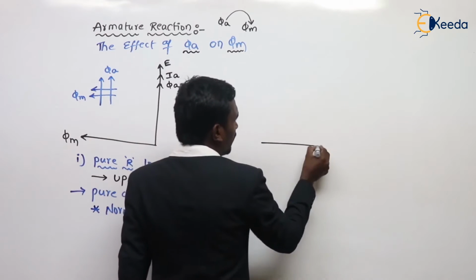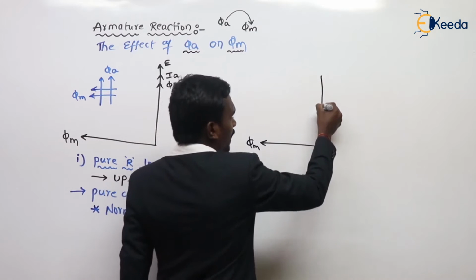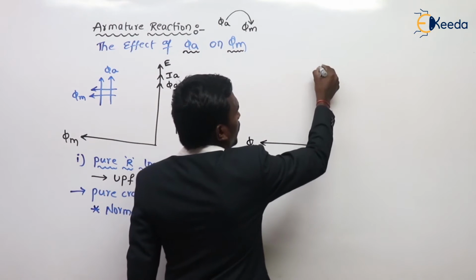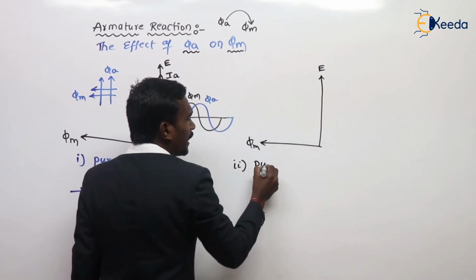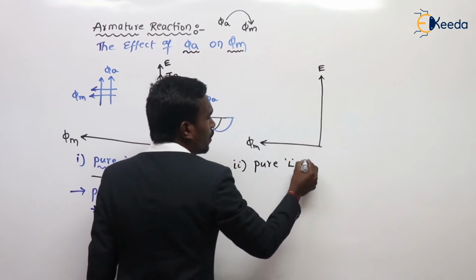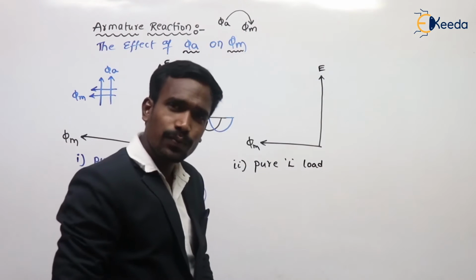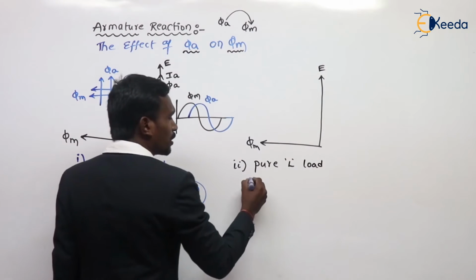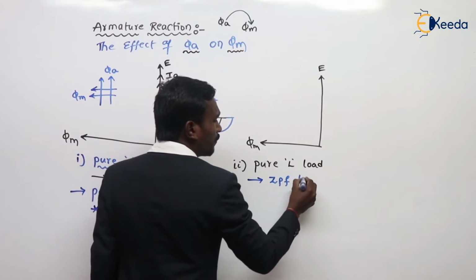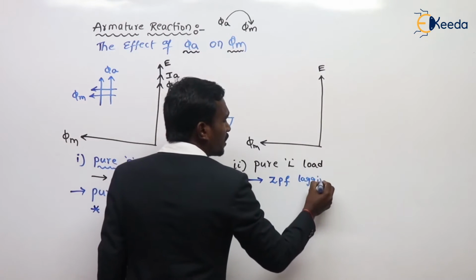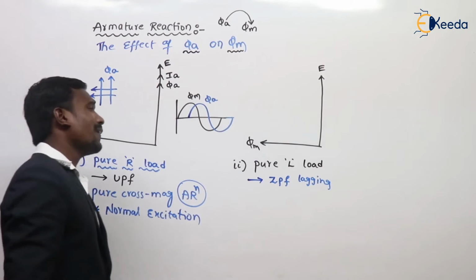Next, again, for example, this is the main field flux, and this is my armature EMF. Now case 2, pure inductive load. What is that? Pure inductive load. So tell me, for a pure inductive load, what is the power factor? Zero power factor lagging.